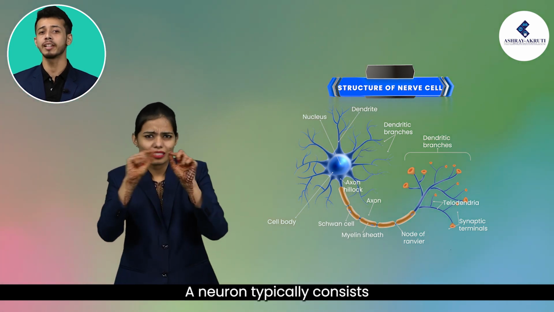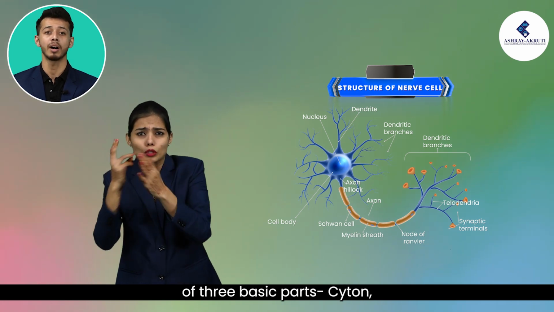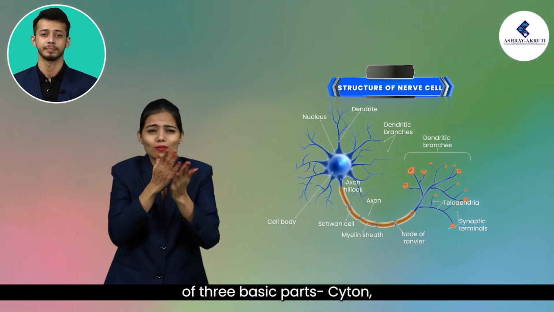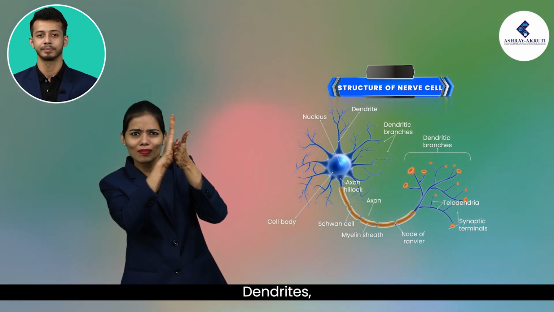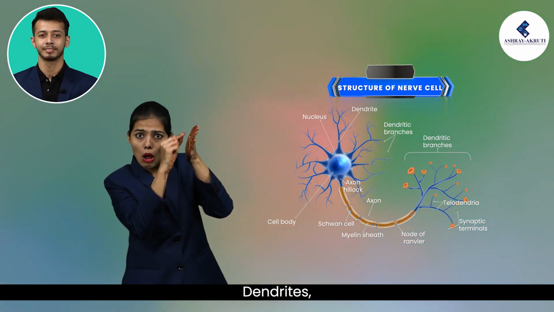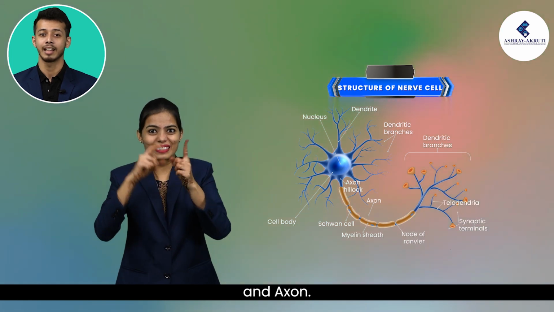A neuron typically consists of three basic parts: cyton, dendrites, and axon.